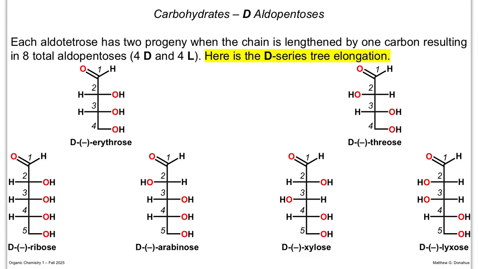So 1, 2, 3, 4, 5. This OH group will actually cyclize onto there to form a 5-membered ring. That's because that carbon and that carbon are really close to one another. They're not far away, which is kind of deceiving in the Fisher.